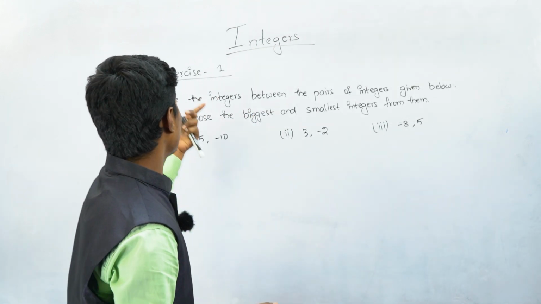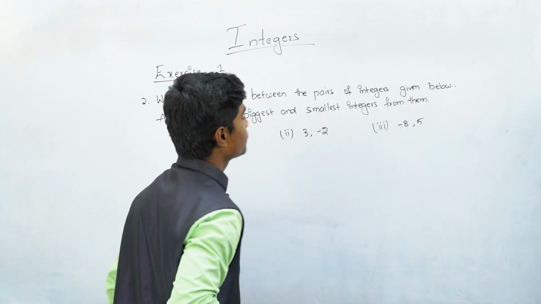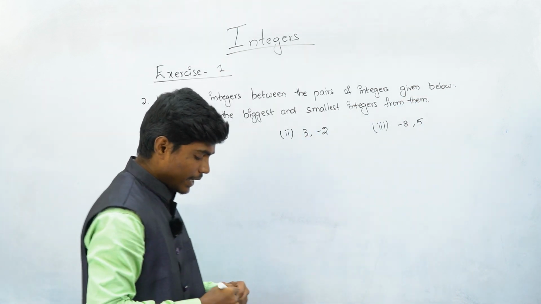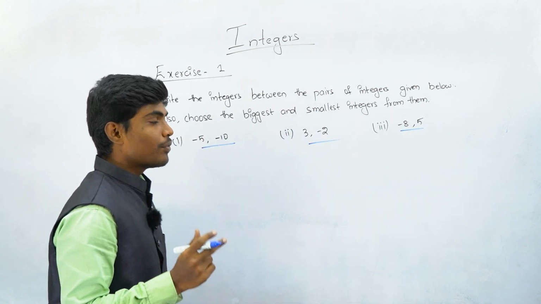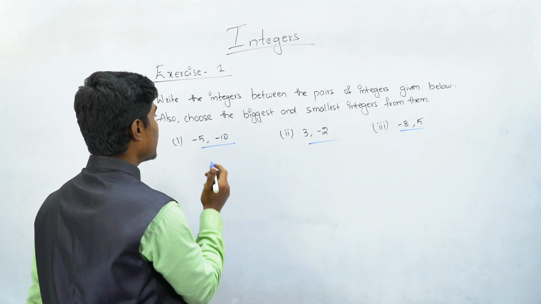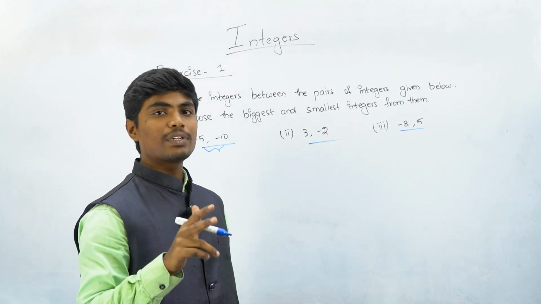Now the second problem: write the integers between the pairs of integers given below, and also choose the biggest and smallest integers from them. Here pairs of integers are given, and we have to write the numbers in between the two integers and find out which is the greatest and which is the smallest.